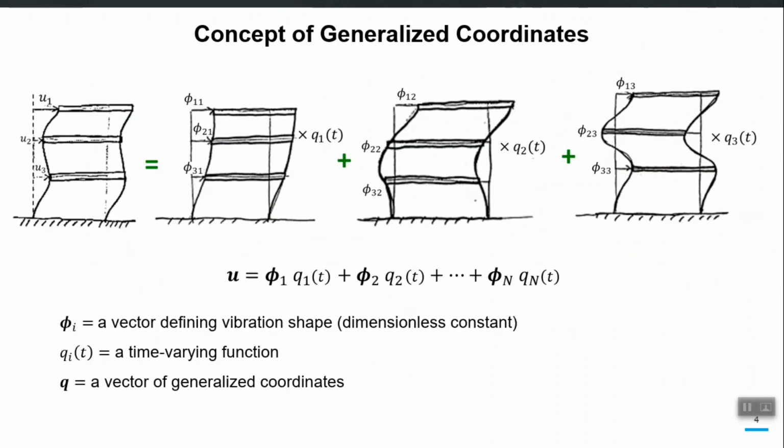This is the graphical form of that expansion: any vector, when condensed into the capital phi matrix, can be transformed from u to q. That matrix can serve as a transformation matrix.